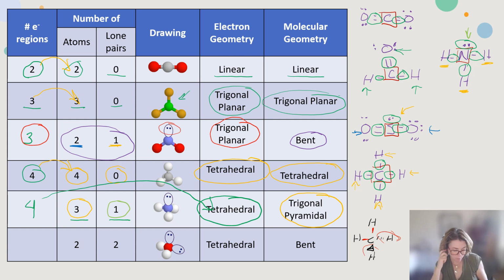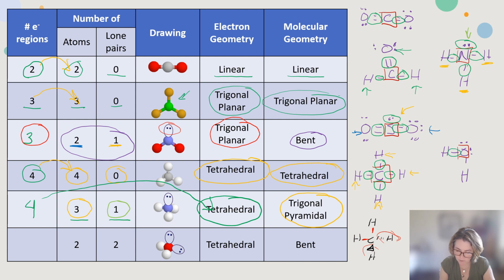Okay, the last one we're going to look at right here is water. It is oxygen with 2 hydrogens and 2 lone pairs. So oxygen is my central atom.